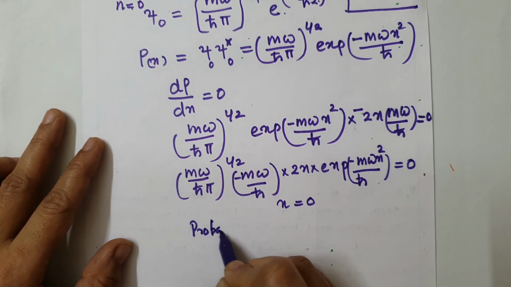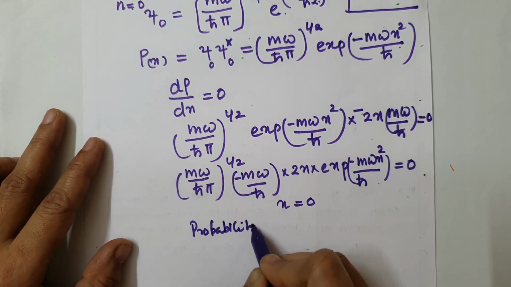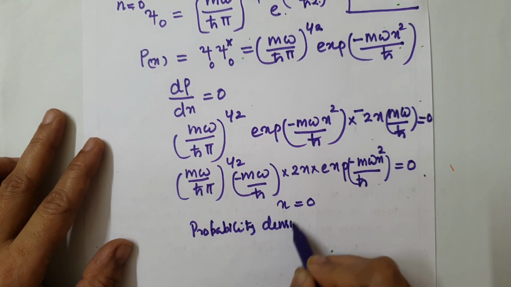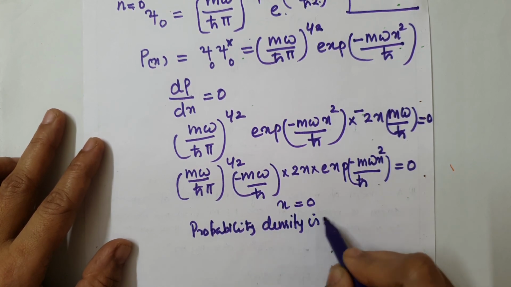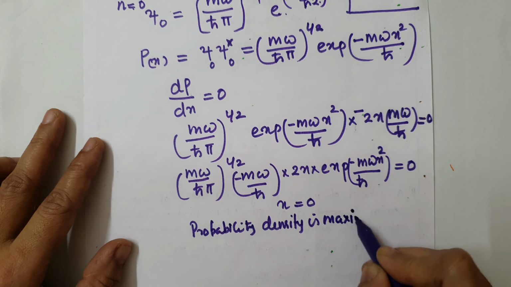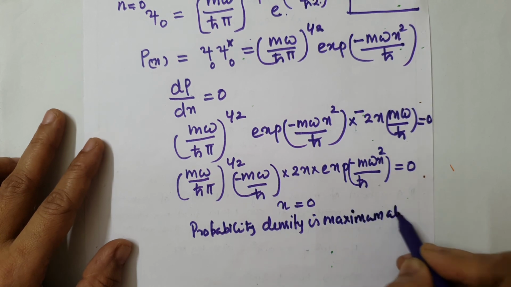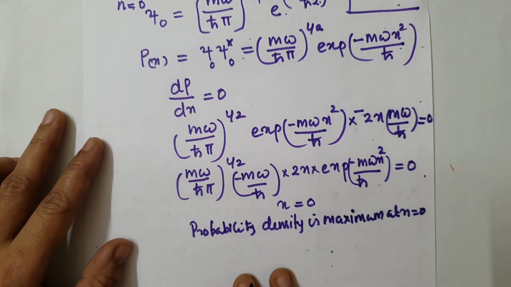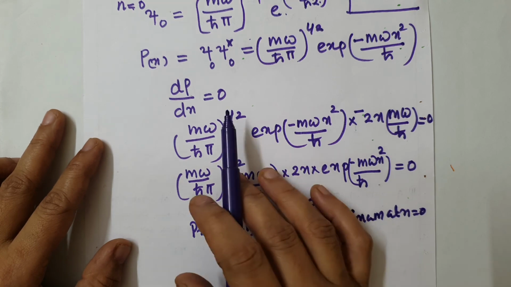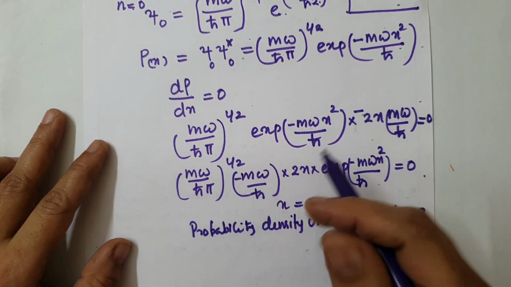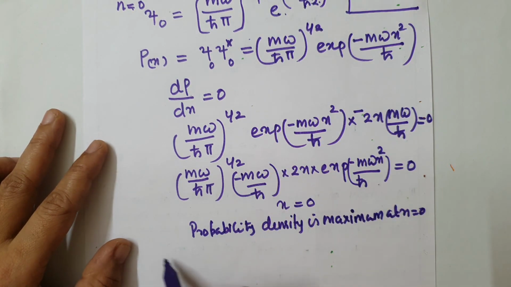The probability density is maximum at x equal to 0. At this point the probability density will be maximum, and we can calculate the maximum probability density.